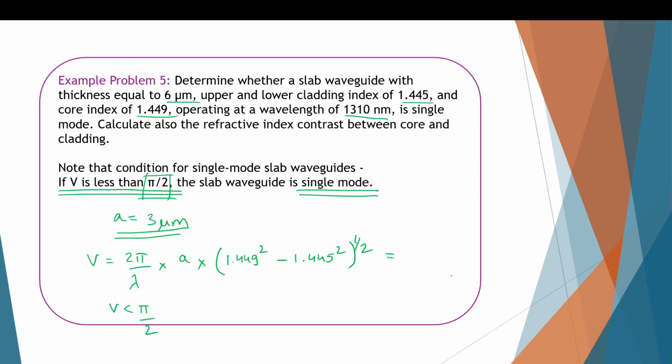I can write it. 1.548. Thank you so much. Yeah, so it is less than pi by 2. Pi by 2 I think will be something like 1.6, right? Yeah, 1.57.